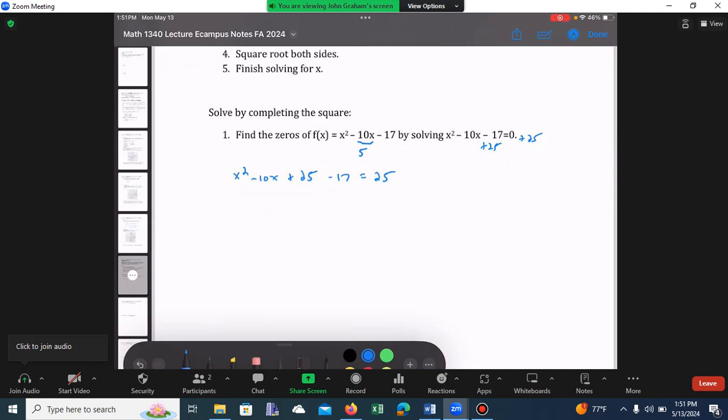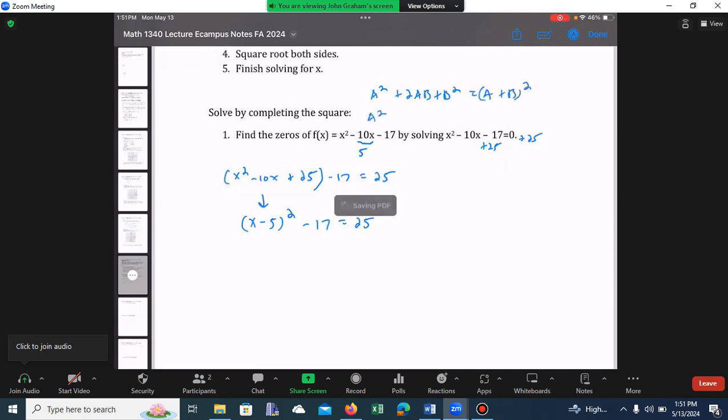Now, this x squared minus 10x plus 25, the reason we do that is this becomes x minus 5 squared. We purposely are making that happen by squaring half of the middle term. We're making it follow a squared plus 2ab plus b squared, which equals a plus b squared.